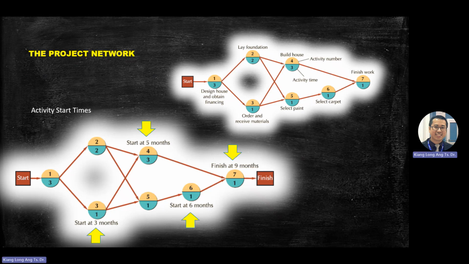So activity number 4 has 2 options. One is 1 to 3, which only spends 4 months. Then you reach here. Option number 2, 1 to 2, then go to number 4. Time is 5 months. We are very conservative planners. So we use the maximum time to start activity number 4. That's why you see 5 months. After 5 months, you start the project.